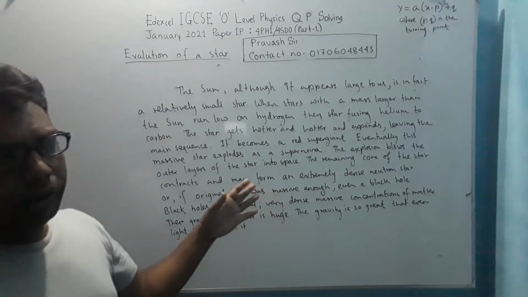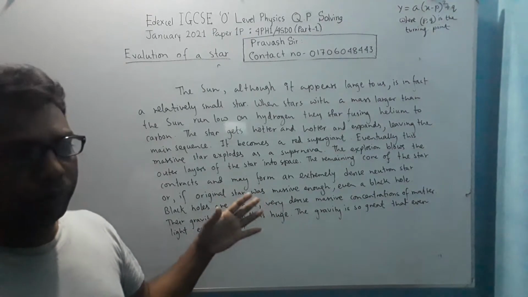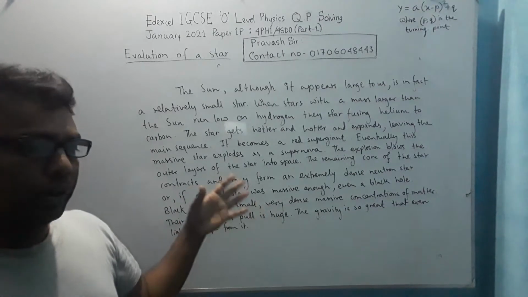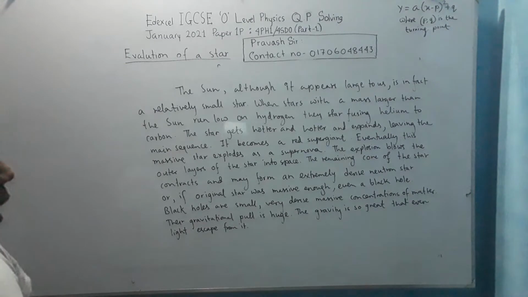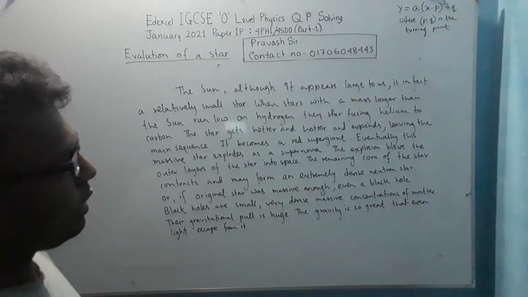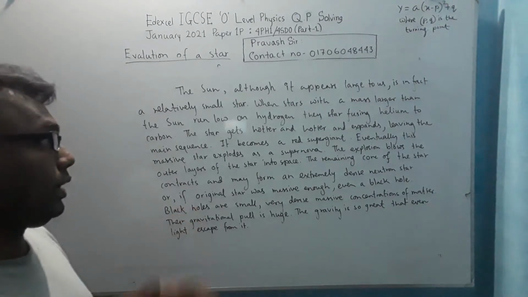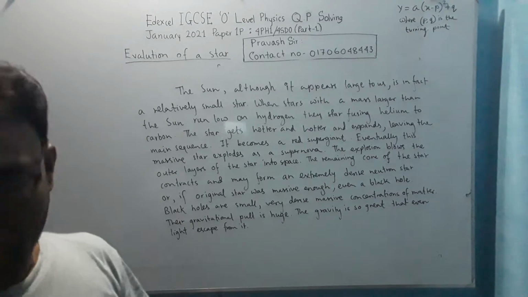So these are the stages of the life cycle of a star, from the formation of a star to the end of a star. We can just make a summary to keep it in mind about the different stages of a star.